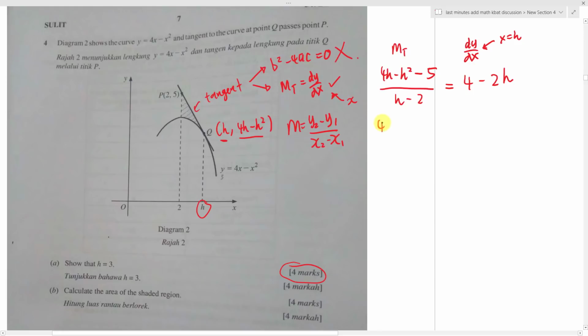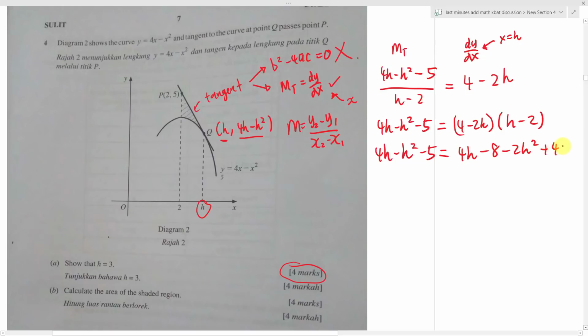After I got this equation, you should be able to see this will be a quadratic equation. So this is 4 minus 2h, multiplied by h minus 2, equals 4h minus h squared minus 5. If I expand, I should get 4h minus 8 minus 2h squared plus 4h.